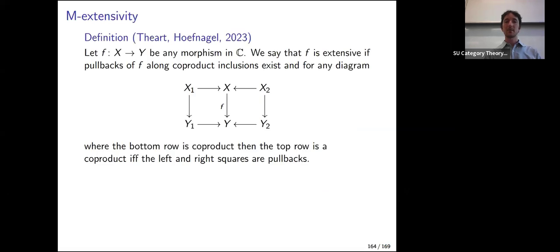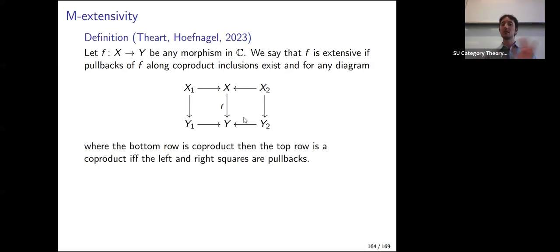Okay, so here's something introduced by Emma Tiat and Michael Hufnagel last year. If we have any morphism in a category, we say that the morphism is extensive if, when pulling it back along coproduct inclusions, for any diagram of the following form, where the bottom row is a coproduct, we have that the top row is a coproduct if and only if the left and right squares are pullbacks.